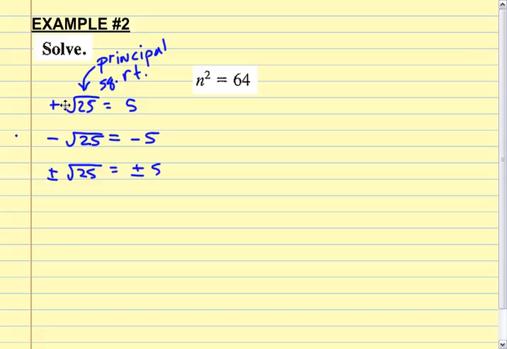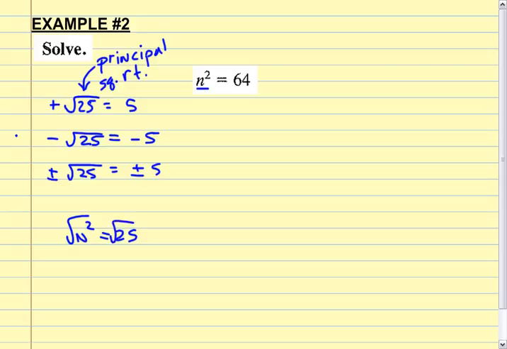But whenever I have a square root, whenever I take the square root of a variable, I have to give both possible values for n. So, because it's algebra and I am solving, when I take the square root of one side, I have to take the square root of the other.